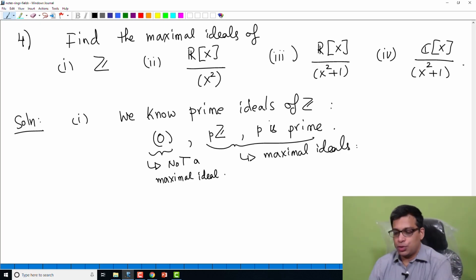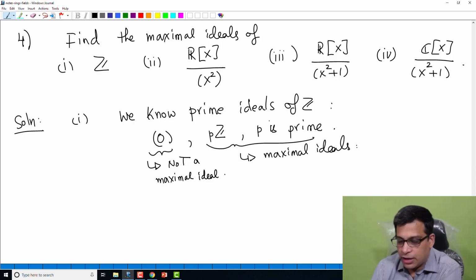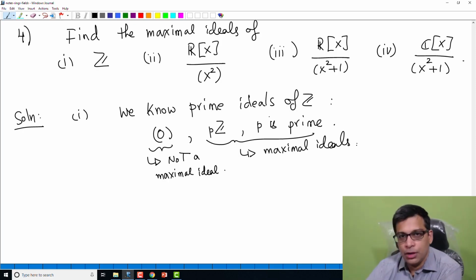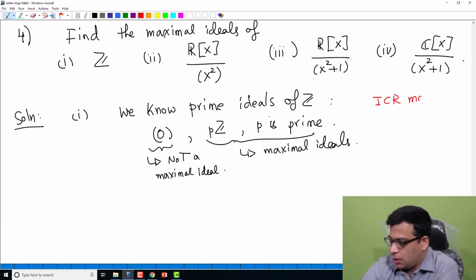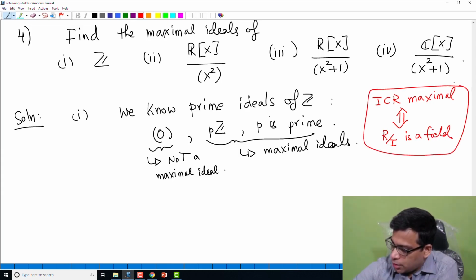There are several ways of doing this. pZ cannot be contained in a bigger ideal, or equivalently Z mod pZ is a field. So we have shown that, we recall I in R is maximal if and only if the quotient ring R mod I is a field, right? And in this context, I'll recall for you, though we don't need this here, I in R is prime if and only if R mod I is an integral domain.